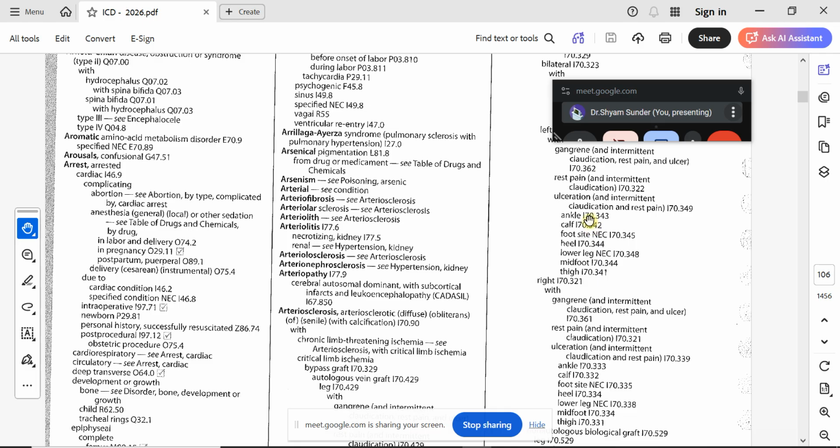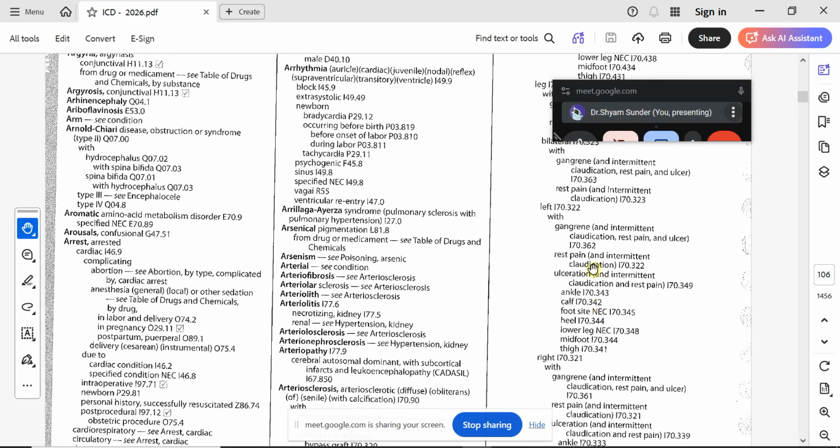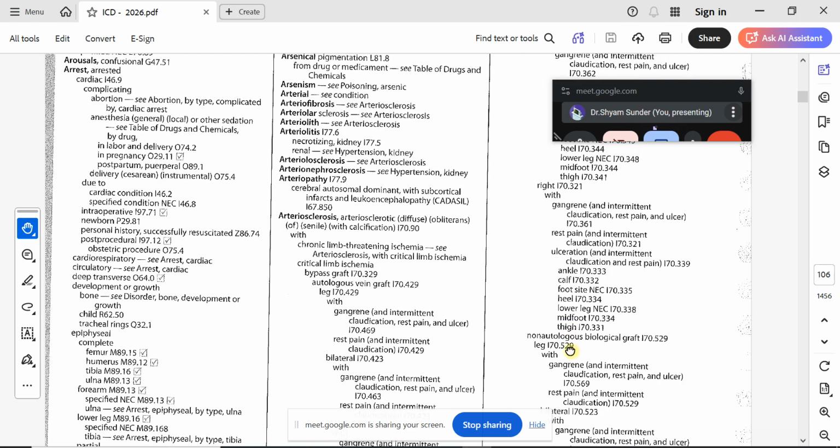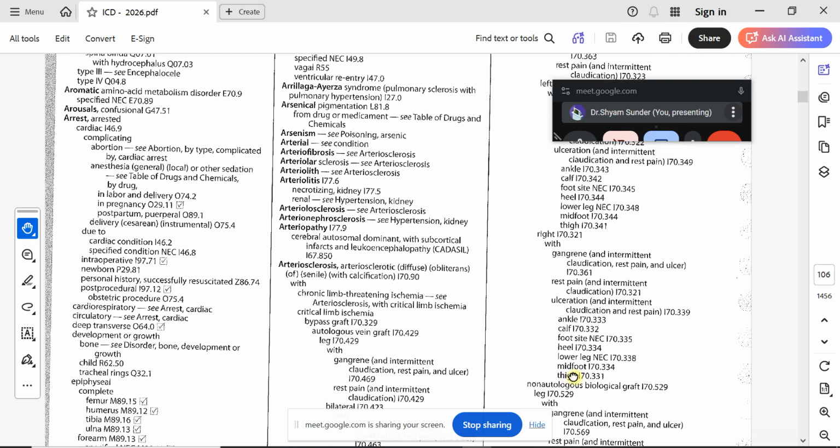But you should be very careful. Is it the right code or not? Because there are so many entries for the same right or left leg.